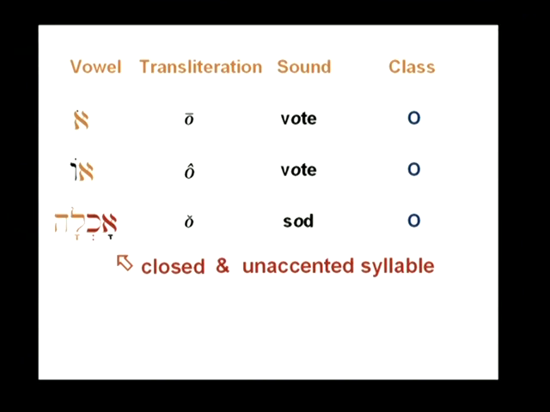Because this vowel, the kametz hatuf, represents a vowel that has been changed to this. In other words, the way the word has been inflected has created a change on this vowel to where it has been reduced in its sound.